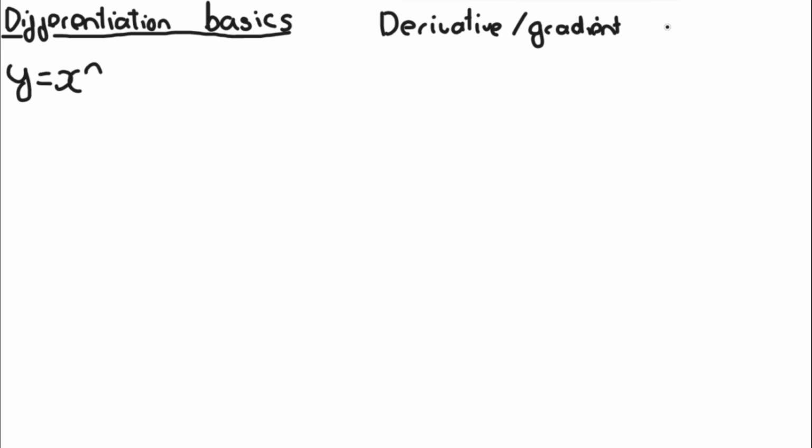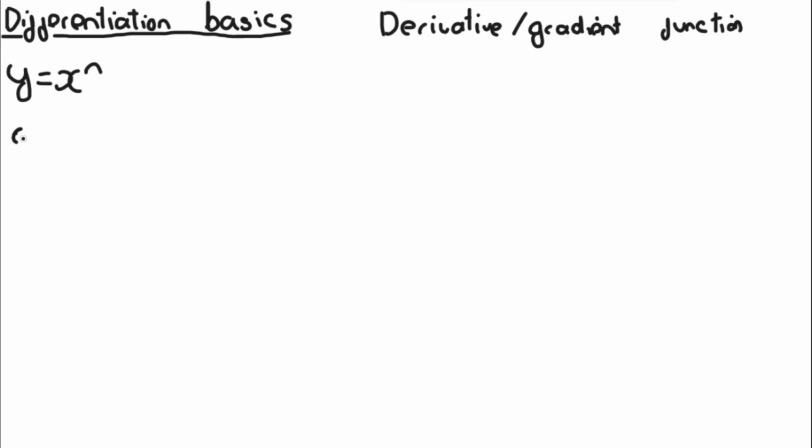So let's say that we have the curve y is equal to x to the power of n, where n is a number, so 1, 2, 3, 4, something like that. We can make something called a derivative. It's also sometimes called a gradient function. And this is a function that tells us what the gradient is for each value of x on the curve.